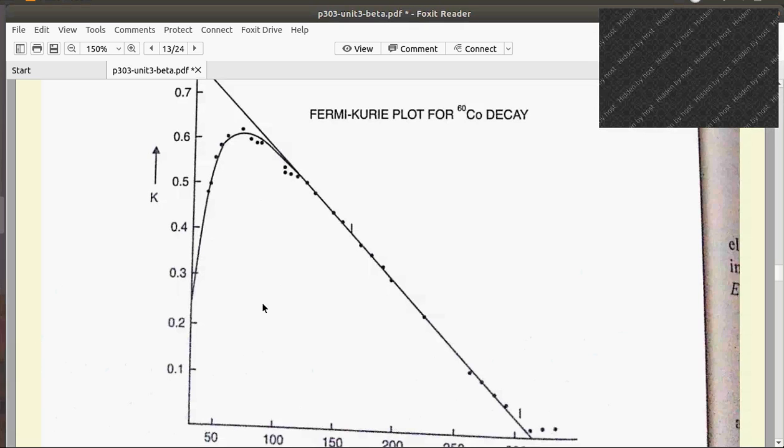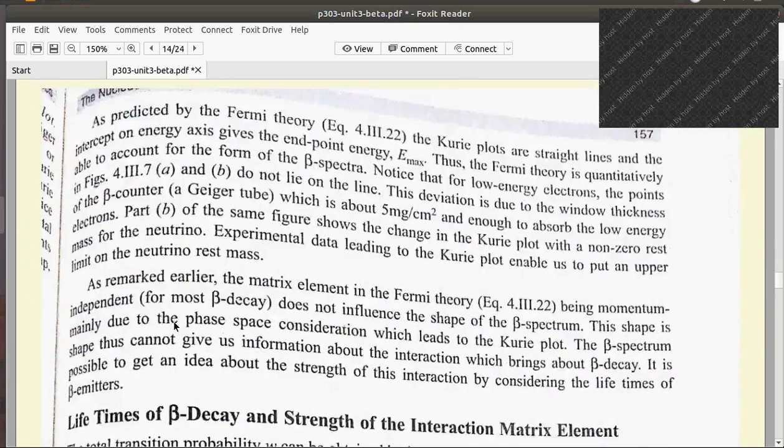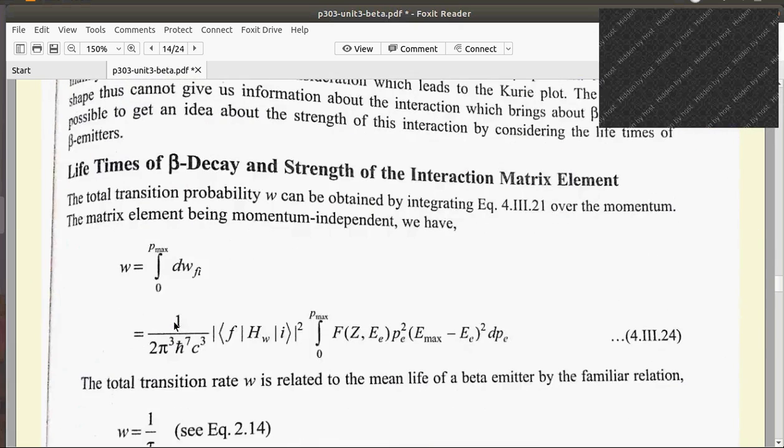There is no information about it from this expression or from the graph, because it is generally constant, so we cannot obtain such information from it. To get the information, we have to consider the lifetime of a beta decay. So we'll go to the next section about the lifetime of beta decay.